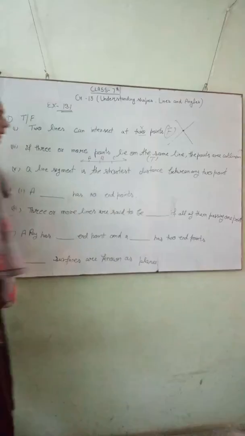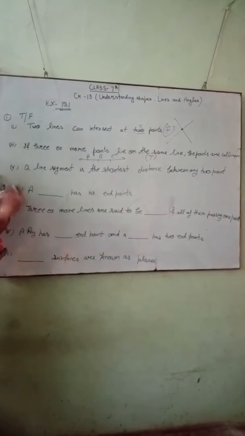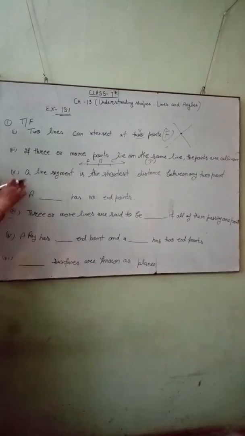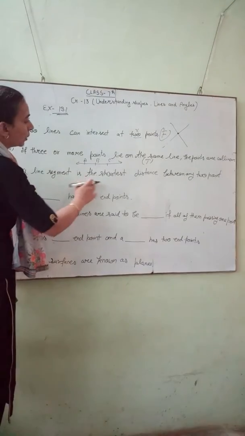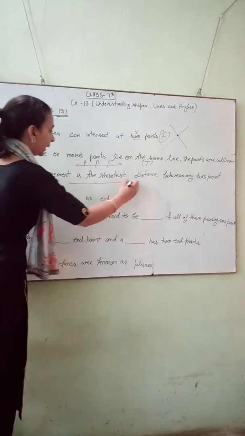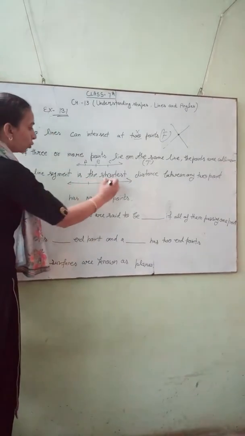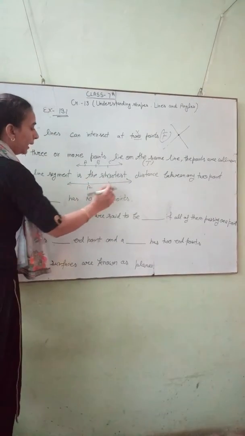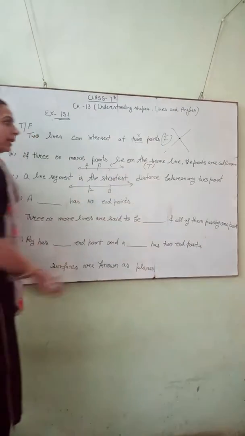Statement number third is true. Again, statement number 5: a line segment is the shortest distance between 2 points. If there is a line and two fixed points A and B, then AB is a line segment. Yes, this statement is also true.